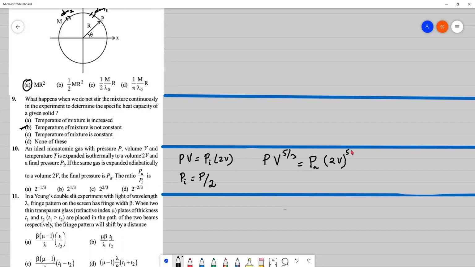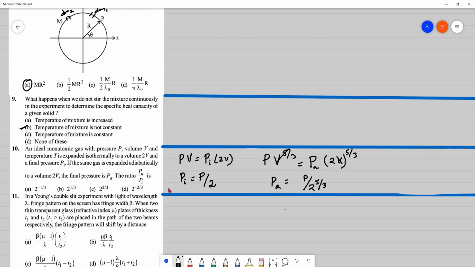V power 5 by 3 gets cancelled, and 2 power 5 by 3 is there. So PA is equal to P divided by 2 power 5 by 3.